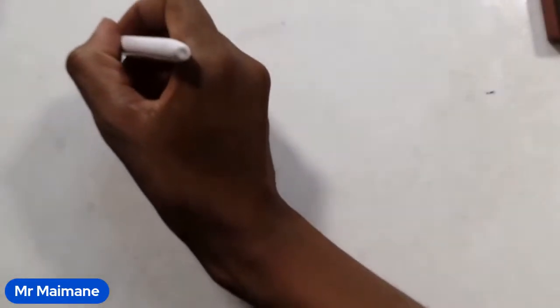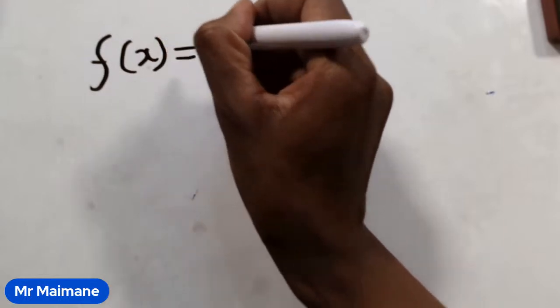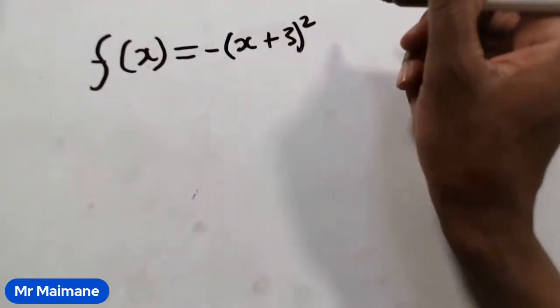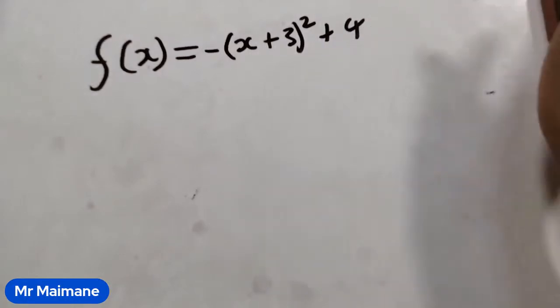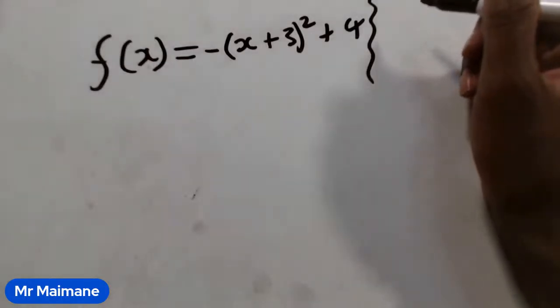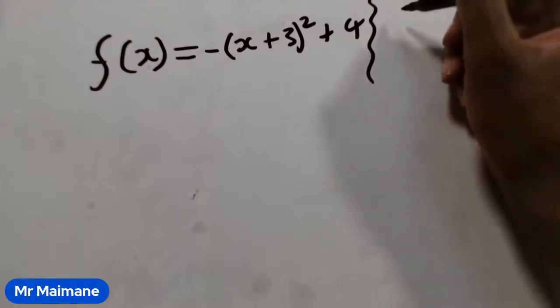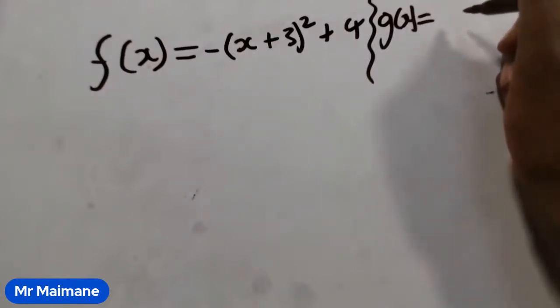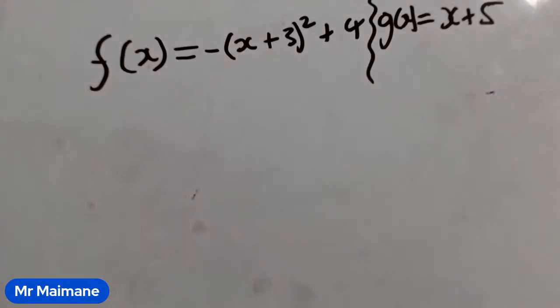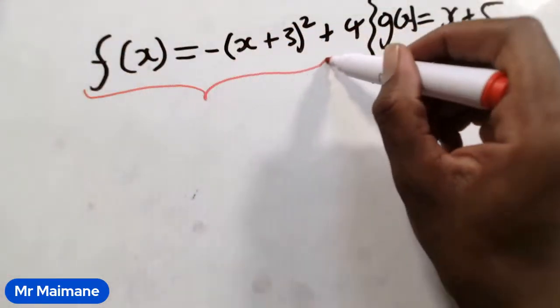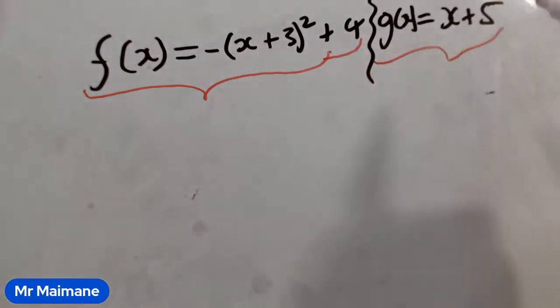So we have two functions. Let me write that down. We have one function, and then we also have another. These are the two situations we have. We have f of x given like that, and g of x given like that.